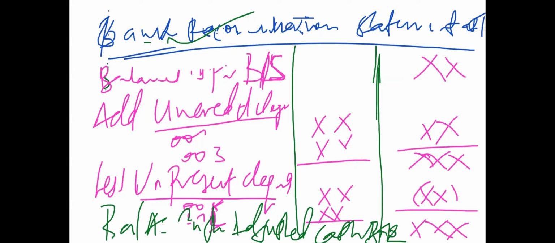But we want to look at a scenario where our balance as per the adjusted cash book is negative, or it comes as an overdraft. In other words, when you are preparing the adjusted cash book, we find that the balance brought down appears on the credit side, which indicates that there was an overdraft.